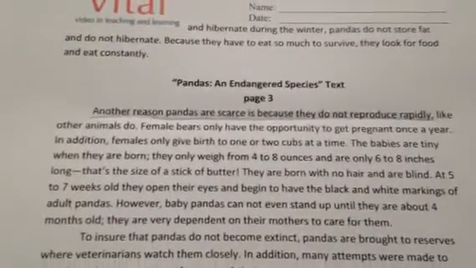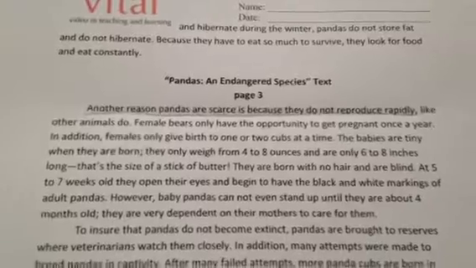Another reason pandas are scarce is because they do not reproduce rapidly. So we're going to put this in quotation marks. It's a direct quote. And then I'm going to let you fill in the rest of this. Make sure you finish it with direct quotations. You may pause the video now to do that.